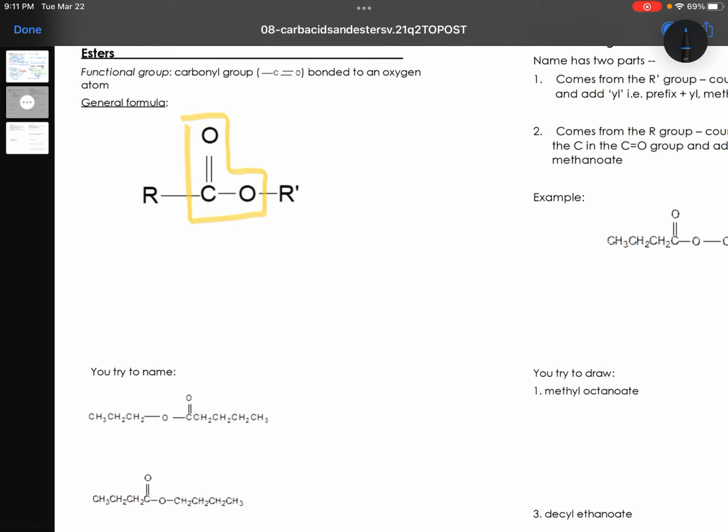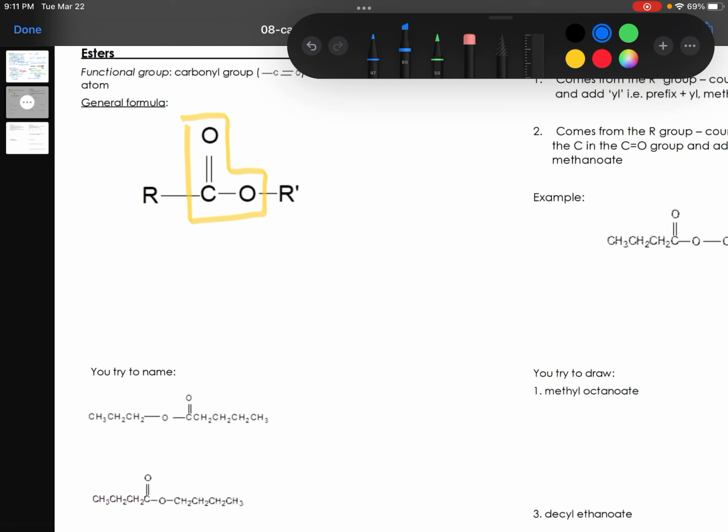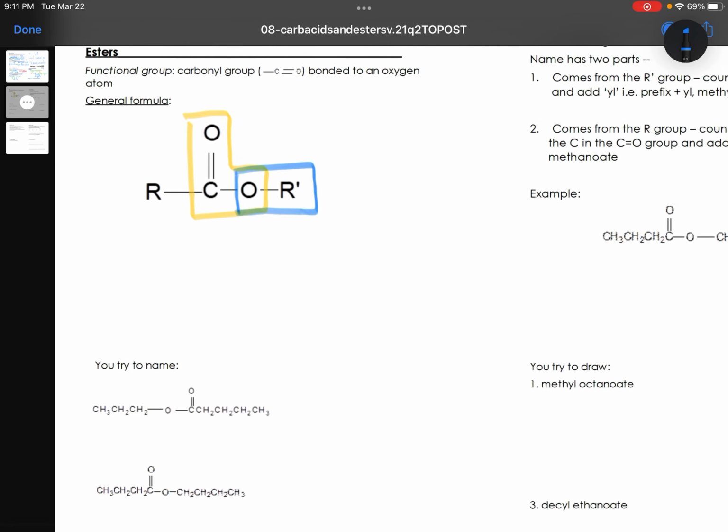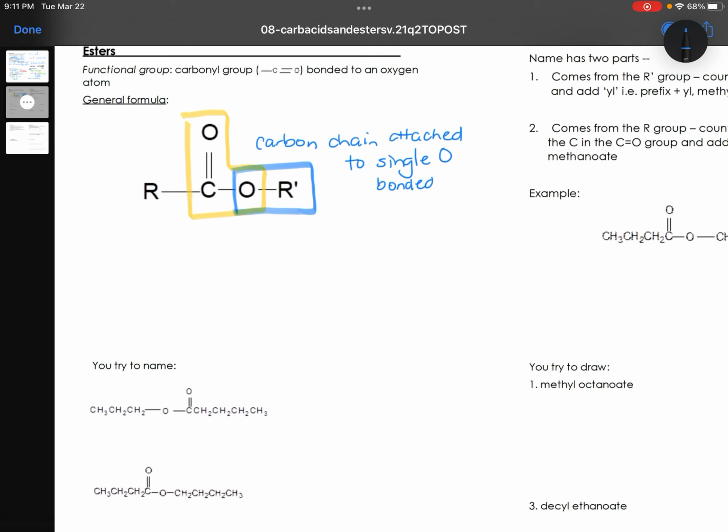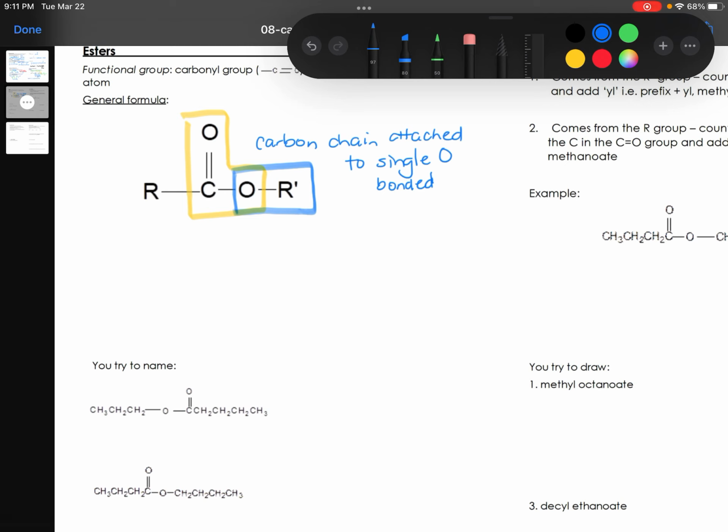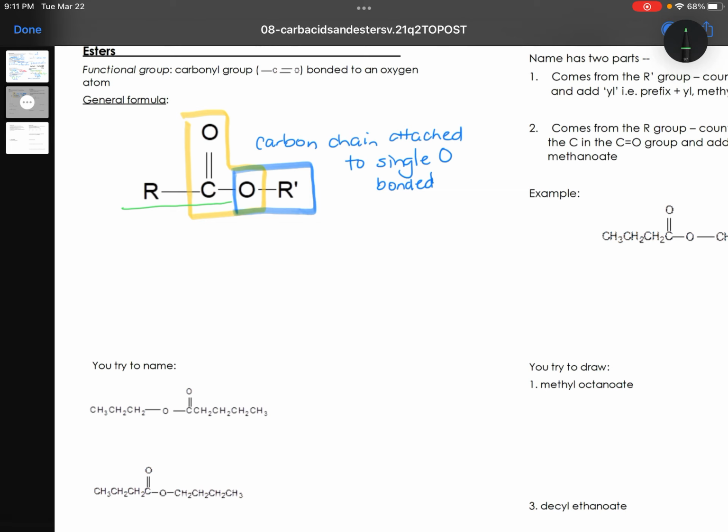If you don't like color in your notes, then it's up to you, but what you can do is use one color to represent the part of the carbon chain that is attached to the single bonded oxygen, and then choose another color for the carbon chain attached to the double O. So the name really has two parts, okay?